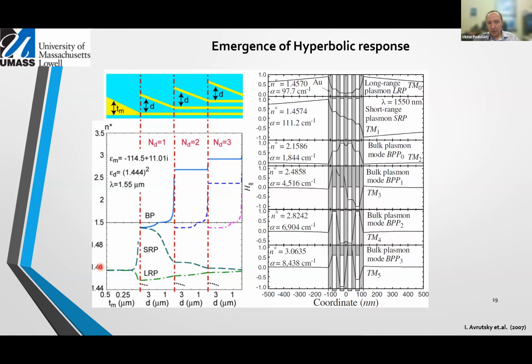If you have just one layer, obviously you don't have a metamaterial, but it's very easy to understand what's happening in one metallic layer that's surrounded by dielectric. So when you have one metallic layer, every interface of this layer would support a surface plasmon polariton mode. And as you make the layer thinner, thinner, and thinner, the two polaritons will start interacting with each other.